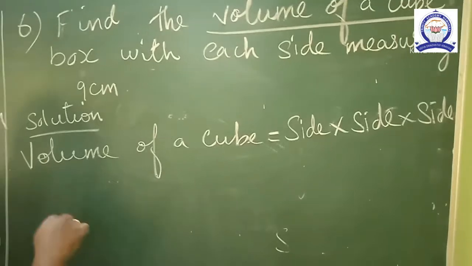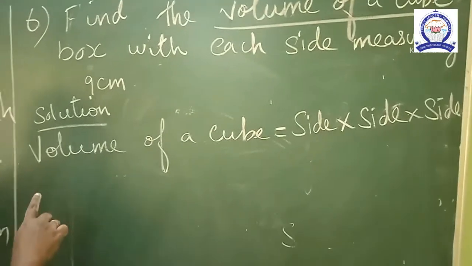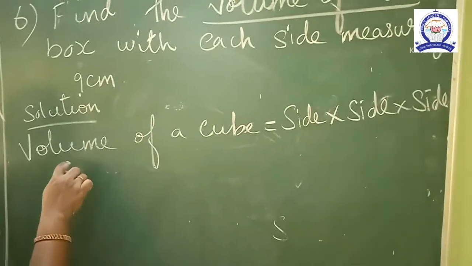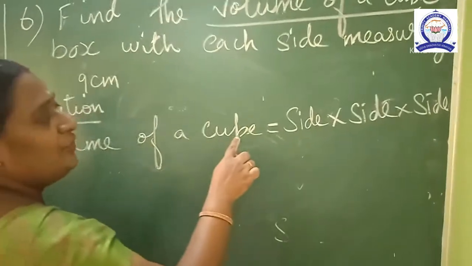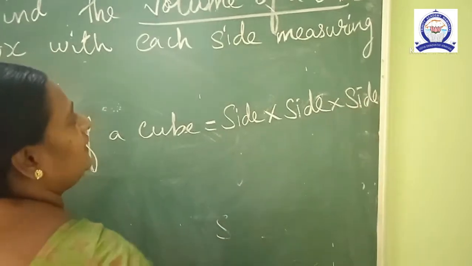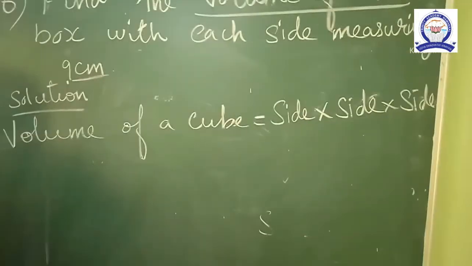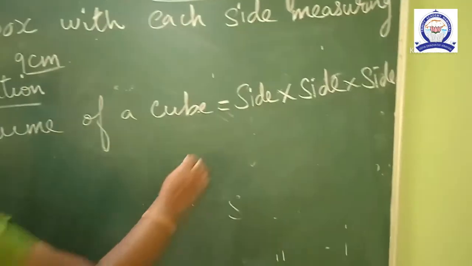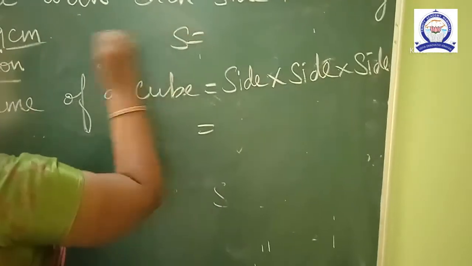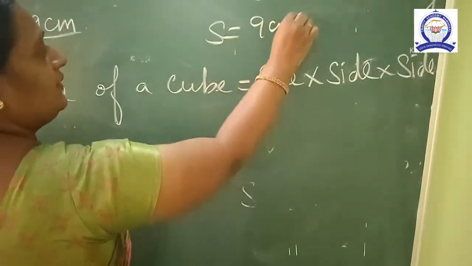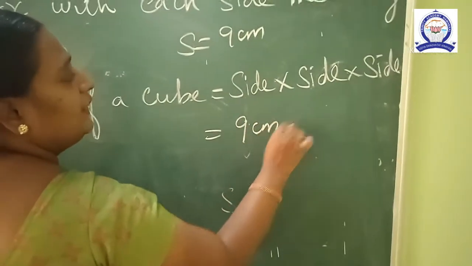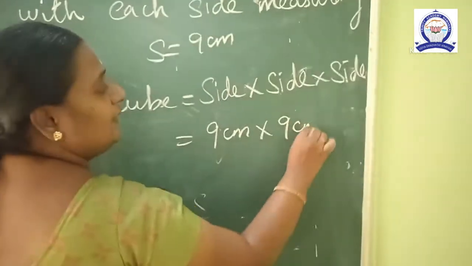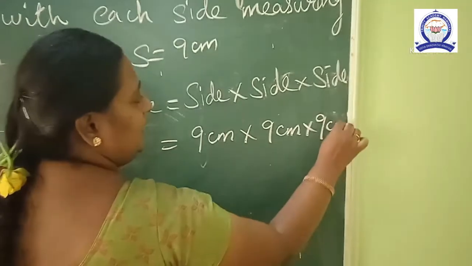The last sum was the volume of a cuboid whose length, breadth and height are given. Now we find the volume of a cube. The formula is side into side into side. Side is 9 centimeter, so 9 centimeter into 9 centimeter into 9 centimeter.